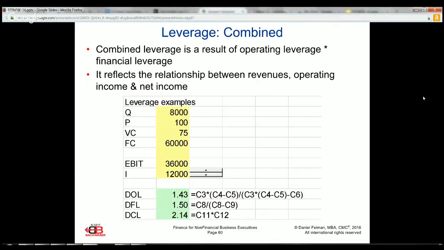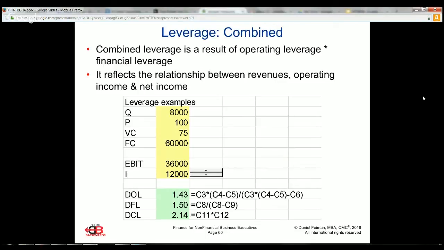We just had an increase in our EBIT of 14.3. The relationship now between our EBIT at 14.3 and our net income is multiplied by 1.5. Well, that means that we should have an increase in our net income of about 21%, actually 21.4. That's the good news. Is there any bad news here?